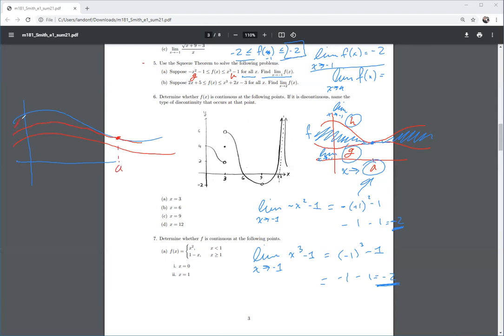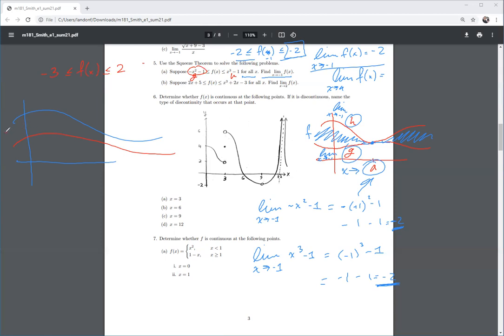And then f of x would have to squeeze its way in there. But now if they are different things, for instance, maybe this ends up being -3 less than or equal to f of x less than or equal to, maybe I'll just make it 2. So there's a drastic difference between this and this.